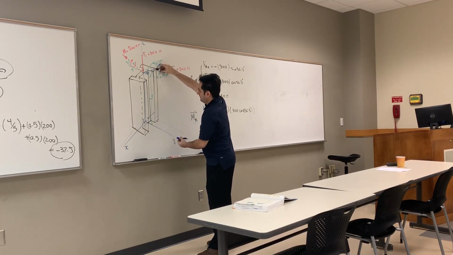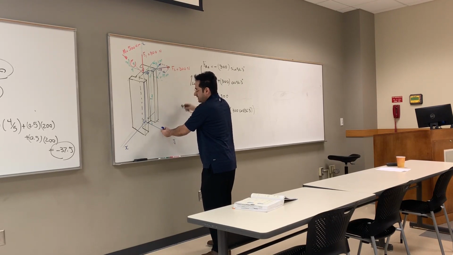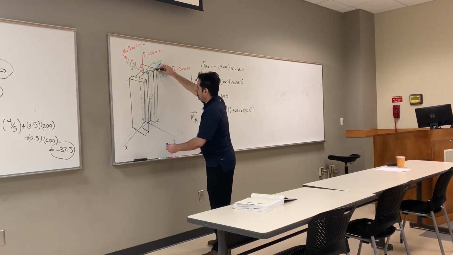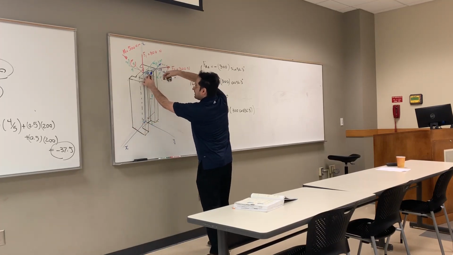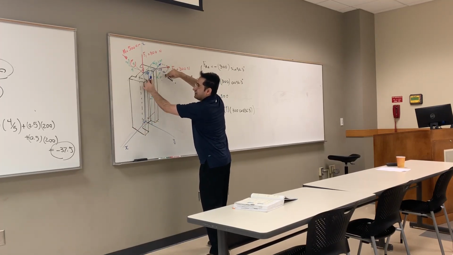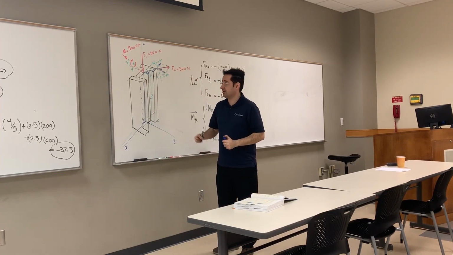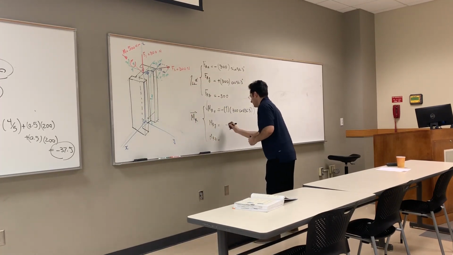Look, this one is parallel. Always ask the question, can this generate a rotation about this axis? No. It can generate a rotation about the x-axis or z-axis, but it cannot generate a rotation about y because it's parallel, so this one is 0. What about this one? Negative 1 times 300 sine 56.3.